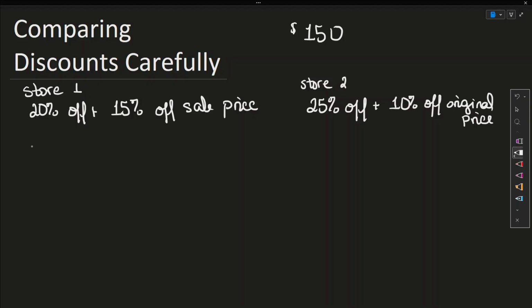The original price is $150. First, store 1 gives us 20% off. And a 20% discount means we pay 80% of the original price.